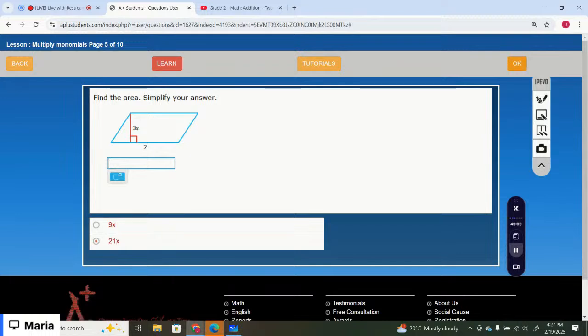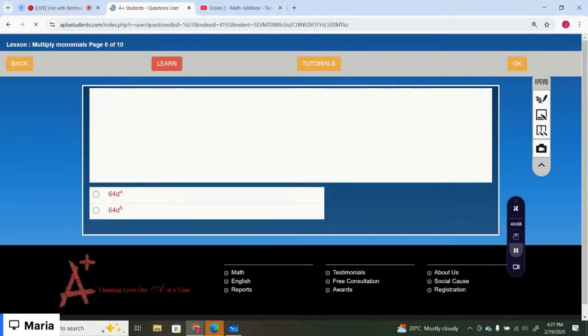Option number 2 is the correct option. 8d times 8d^4. That is 64d^5. Option number 2 is the correct option.